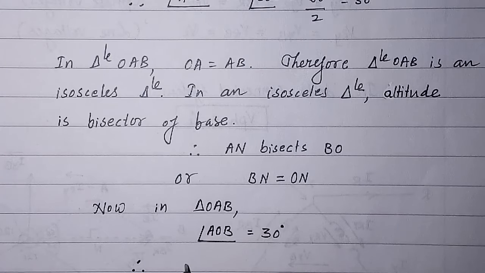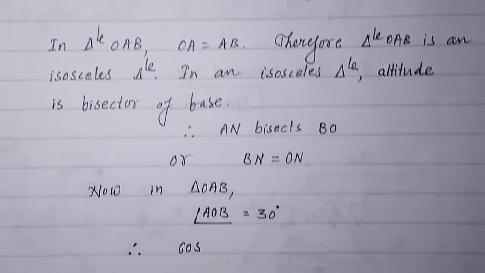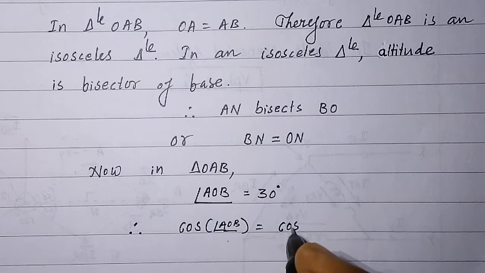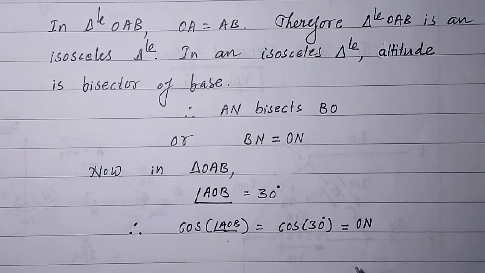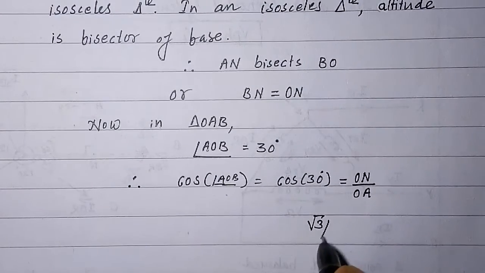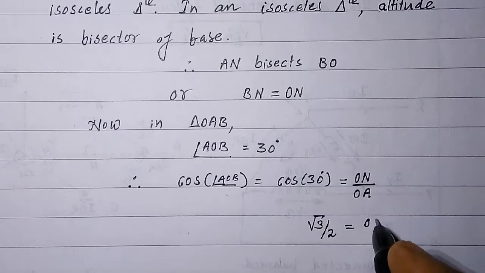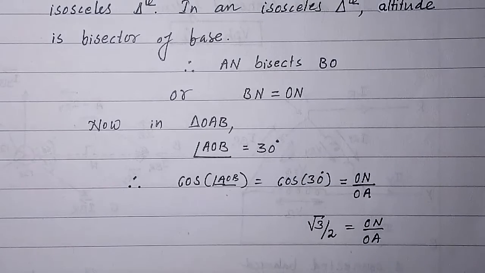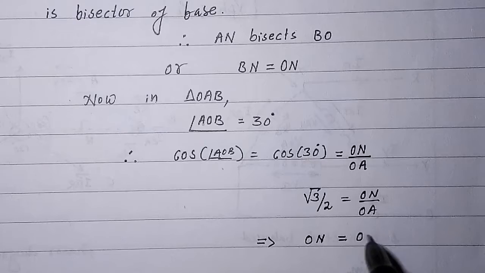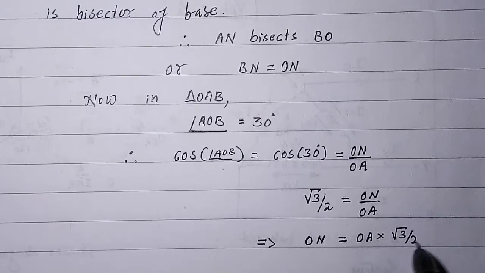Therefore, cos of angle AOB is equal to cos of 30 degree, that is equal to ON upon OA, or root 3 by 2 is equal to ON upon OA, which means that ON is equal to OA into root 3 by 2.